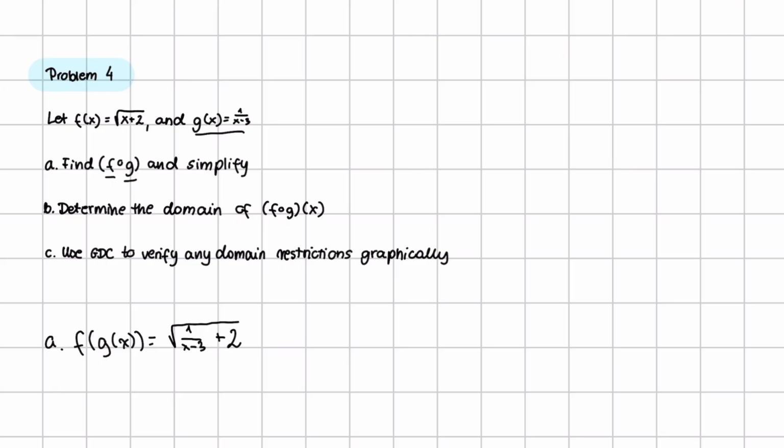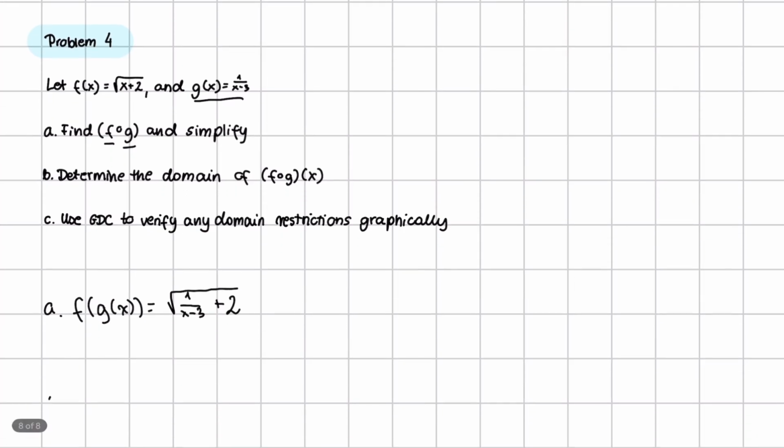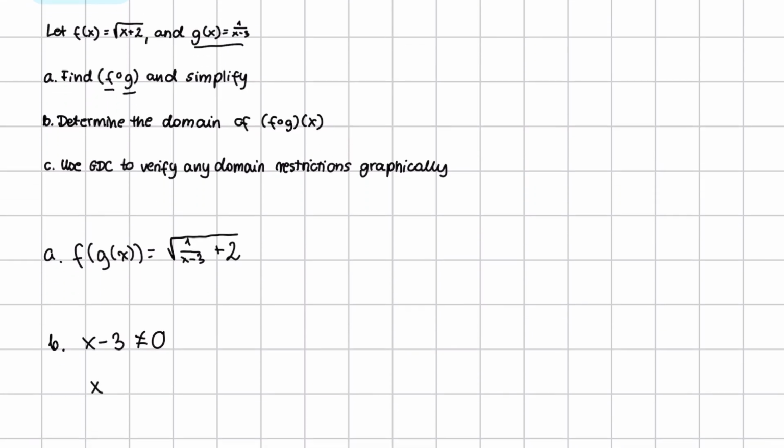So first thing first, we have to remember that our denominator cannot be 0 because we don't divide by 0. So our x minus 3, so our denominator, cannot be 0. So our x, when we move our negative 3 from the left hand side to right hand side, will be 3. So our x obviously cannot be 3.